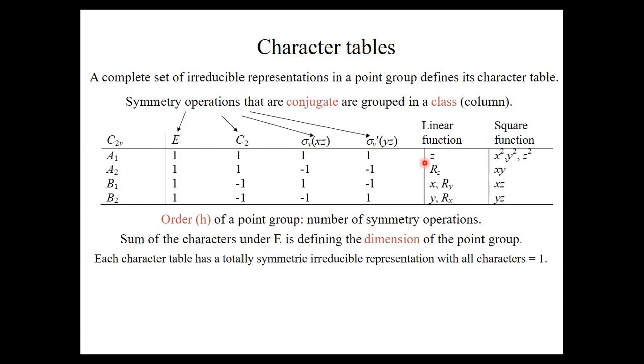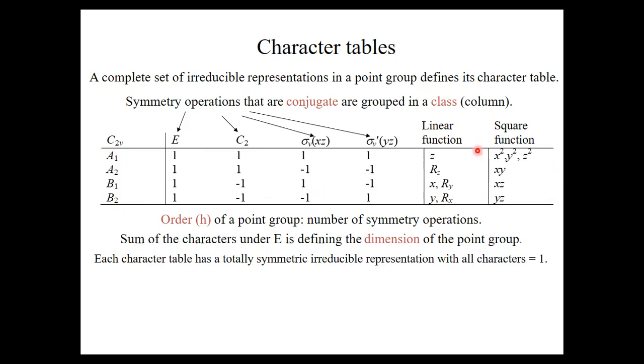So for instance, z stands here in the row representing the irreducible representation of the symmetry A1, because any linear function of z has that symmetry type. Okay, so the y coordinate, for instance, here stands in the row for the symmetry type B2, because the y coordinate, as well as any linear function of y, has that symmetry type.